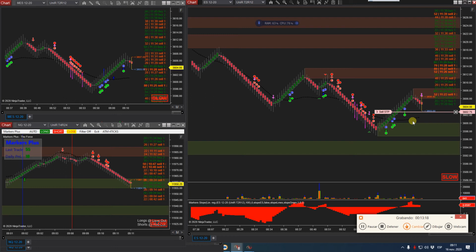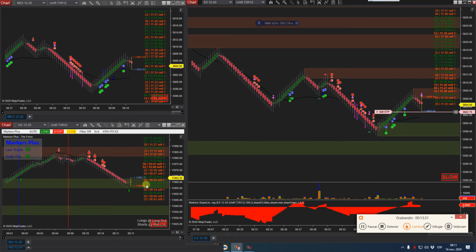This can be a risky trade because we are above the linear regression, but the market refused to go higher. And Nasdaq hitting this bottom.